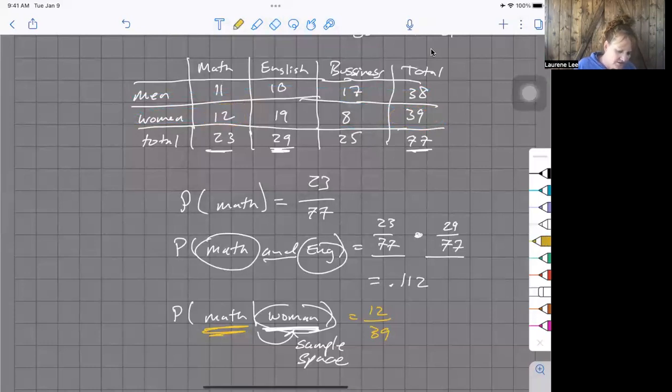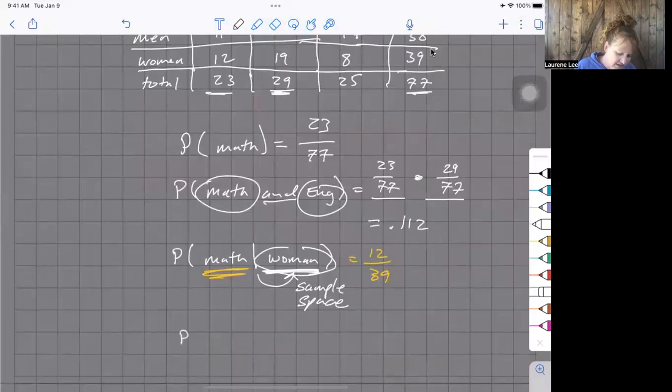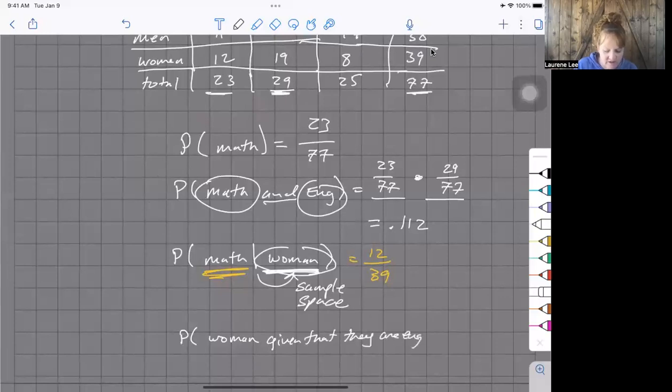Okay, what if I want to know what's the probability of choosing a woman given that they are English majors? They're an English major. So again, the given that, whatever comes after that, is what I'm shrinking my chart to.